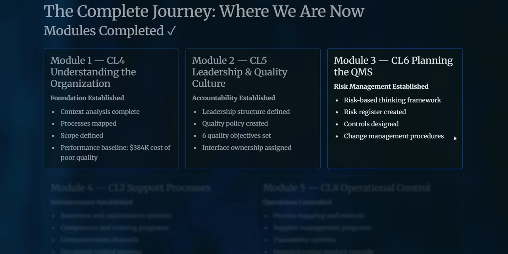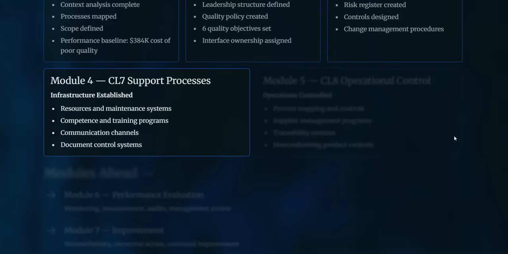Then in Module 3, which is Class 6, planning the quality management system, risk management has been established, including risk-based thinking framework, risk register created, controls designed, and change management procedures. Then we have Module 4, Class 7, support processes, where infrastructure has been established, including resources and maintenance system, competence and training program, communication channels, and document controls.